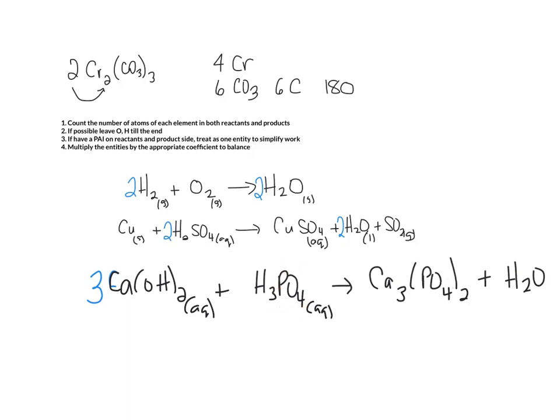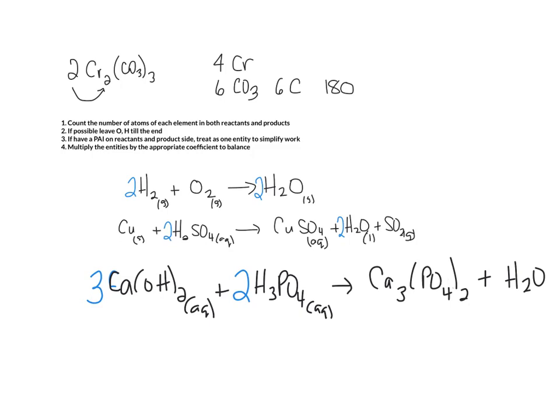So over here we have 1, over here we have 2. So we will need to put a 2 in front of phosphoric acid. So now we have 2 phosphates and 2 phosphates. So calcium and phosphate are now balanced.